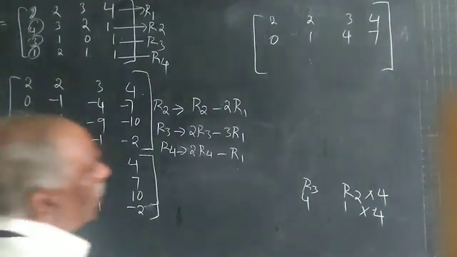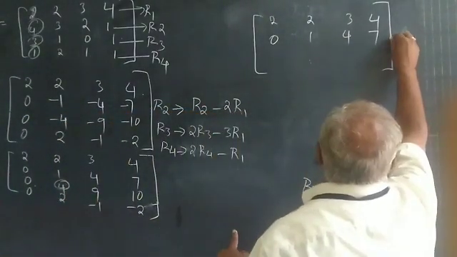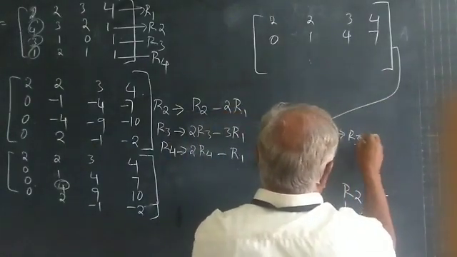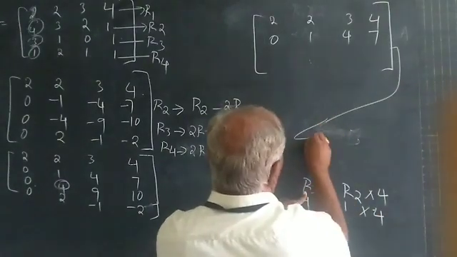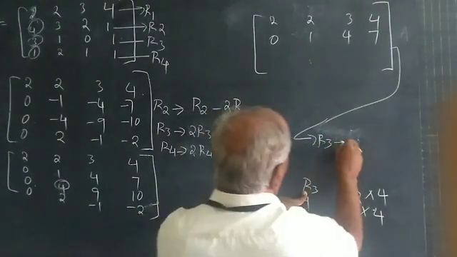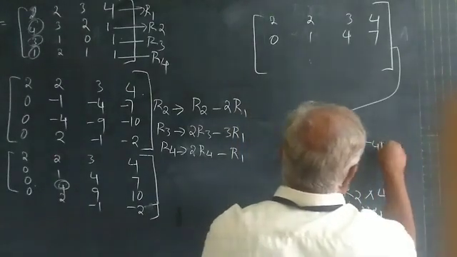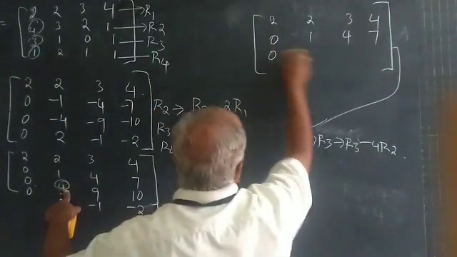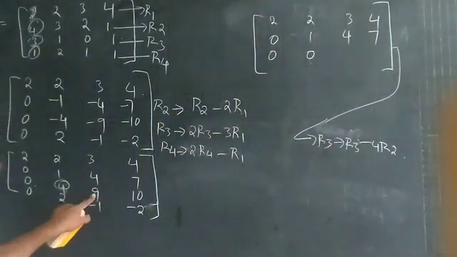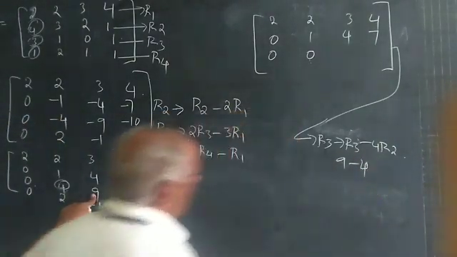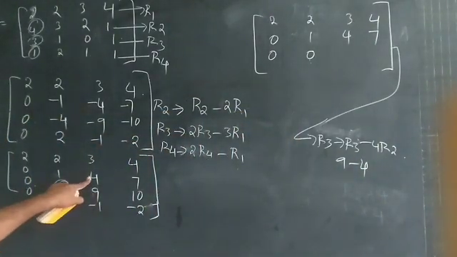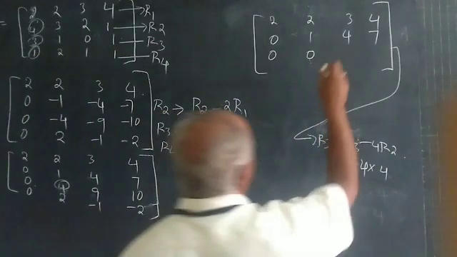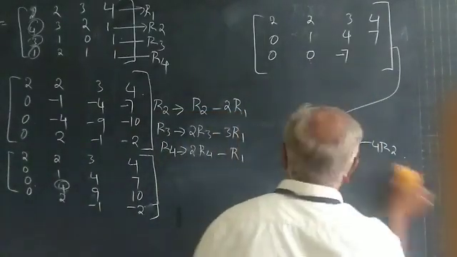Third row is reduced by the row operation. Here I am writing the third row operation. What is the third row operation? R3 going to R3 minus 4R2. So by that row operation, this element naturally becomes 0. What is R3? R3 is 9 minus 4 into R2. R2 is 4. 9 minus 16 means minus 7.